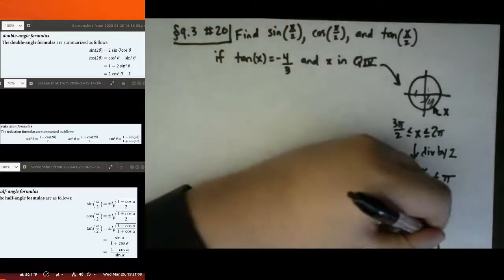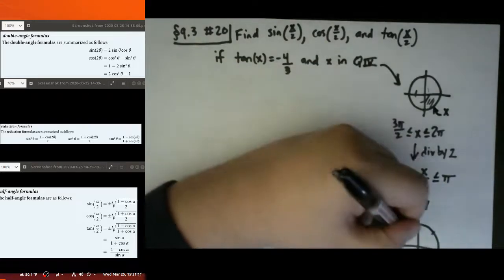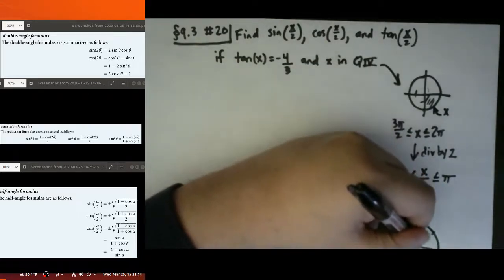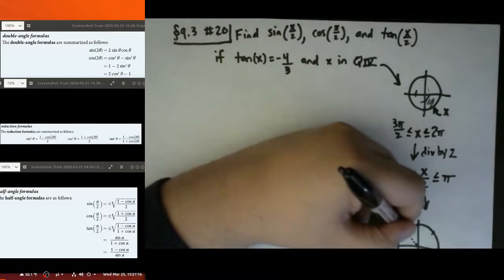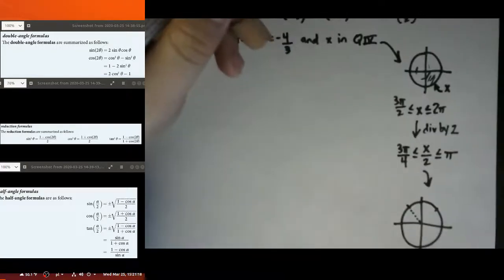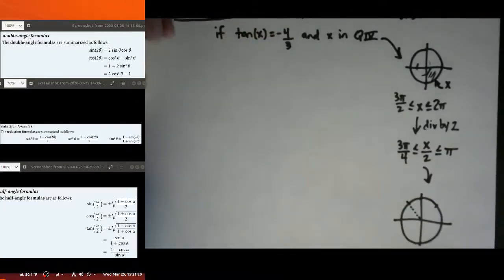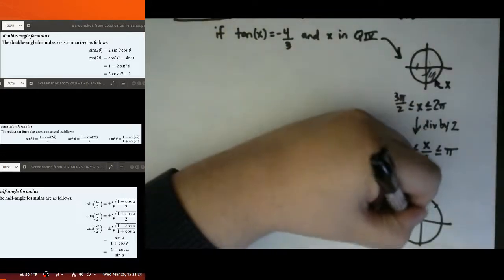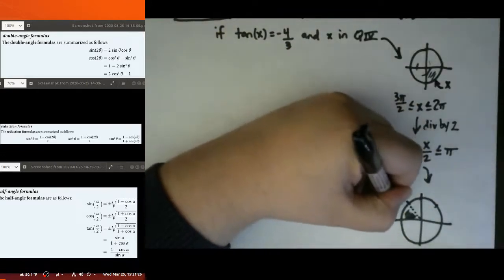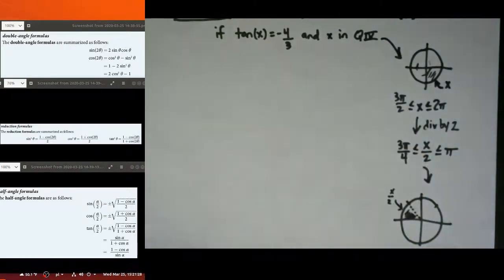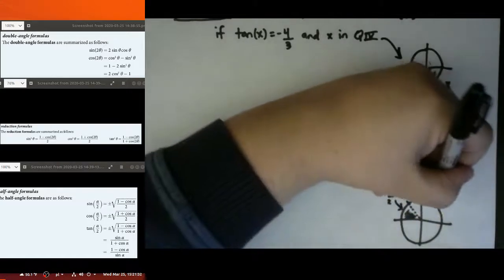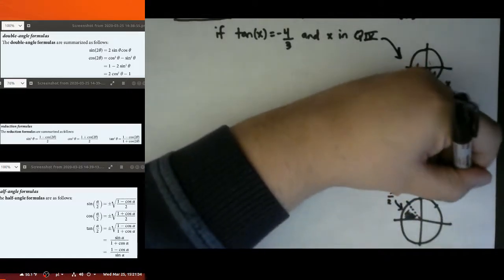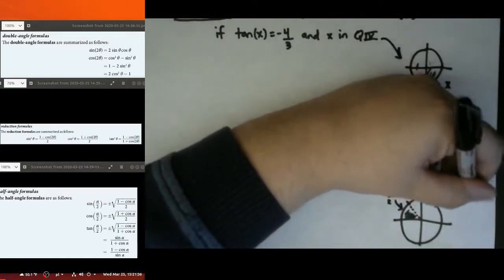Now, here's pi over 4. 2 pi over 4 is the North Pole. 3 pi over 4 is right here at this position, the middle of quadrant 2, and it's smaller than pi. So x over 2 lives in this little wedge here. So it's firmly in quadrant 2. So this tells us that x over 2 is in quadrant 2.